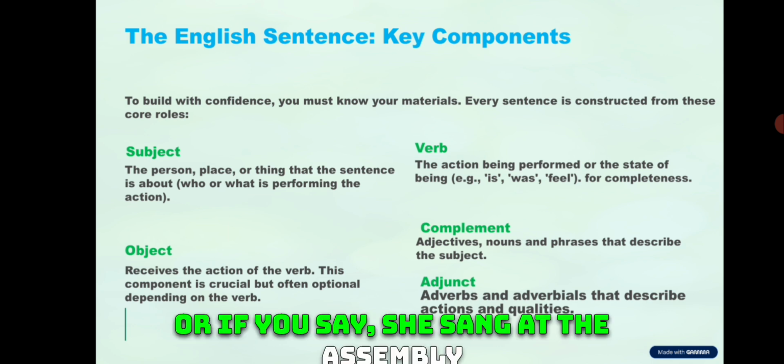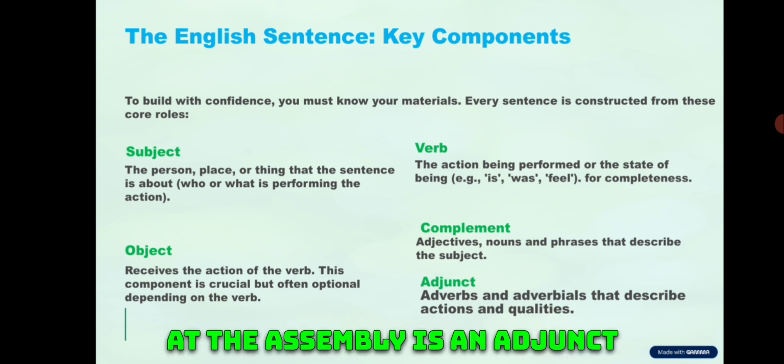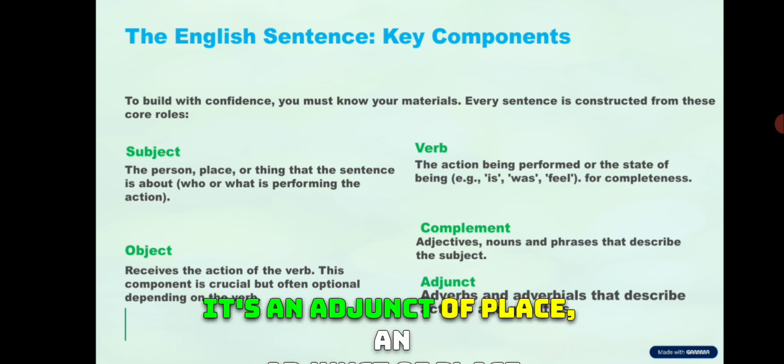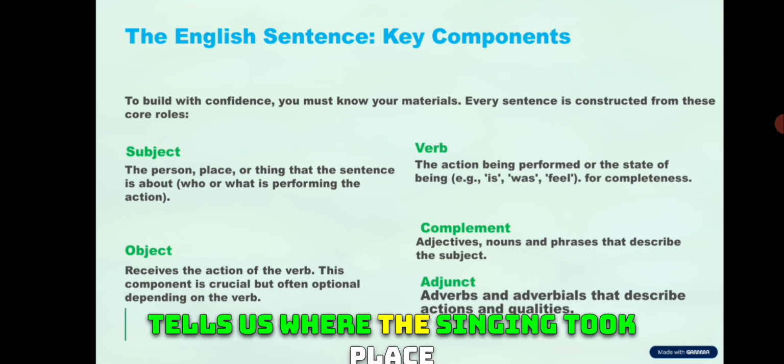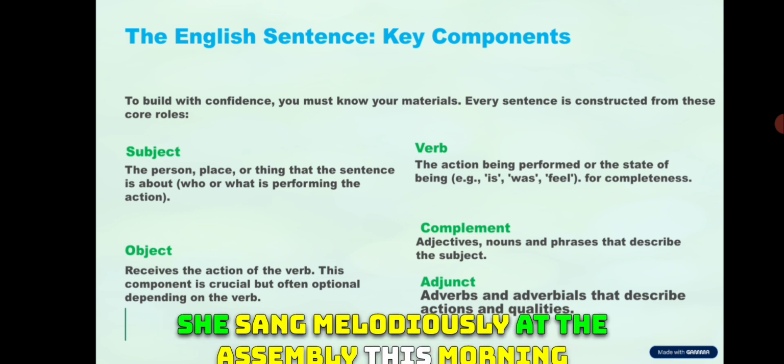Or if you say, she sang at the assembly, at the assembly is an adjunct. It's an adjunct of place. An adjunct of place tells us where the singing took place. She sang melodiously at the assembly this morning.